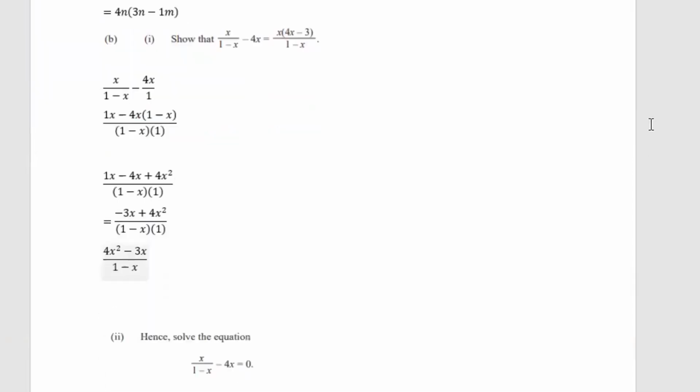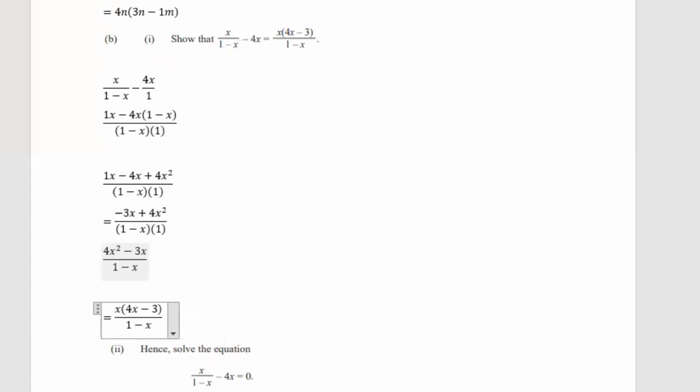So what we have that is common from the 4x squared and the 3x is x. So we say x into 4x squared will leave us with 4x, and x into a minus 3x will leave us with minus 3, and then that is divided by the 1 minus x, and that is our answer.